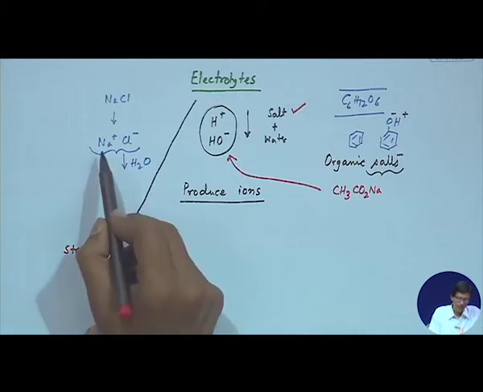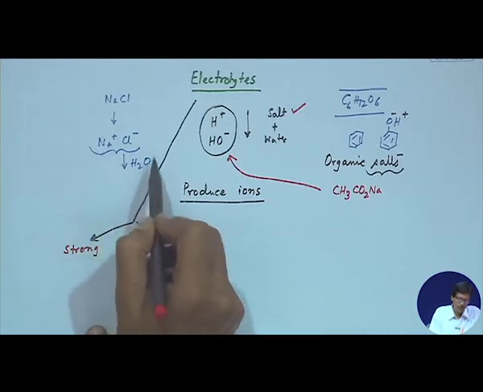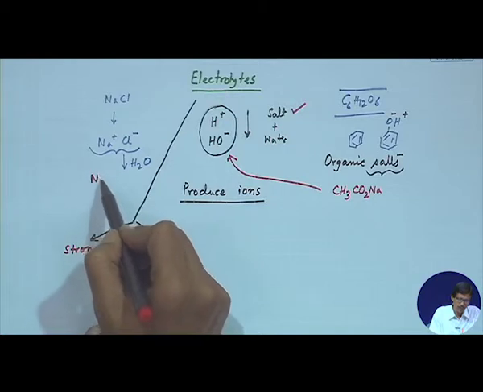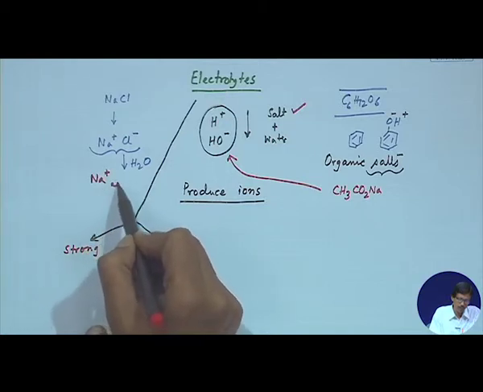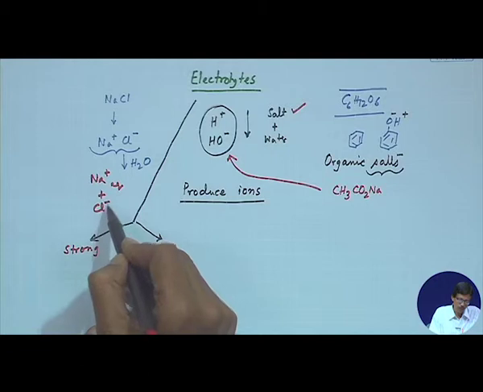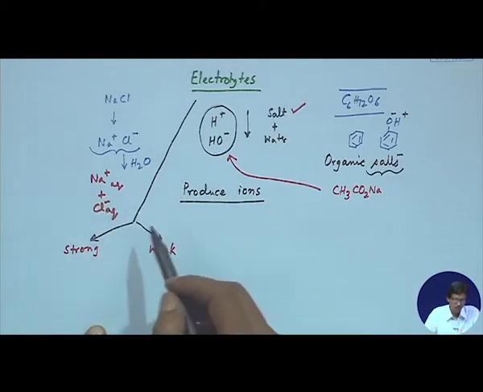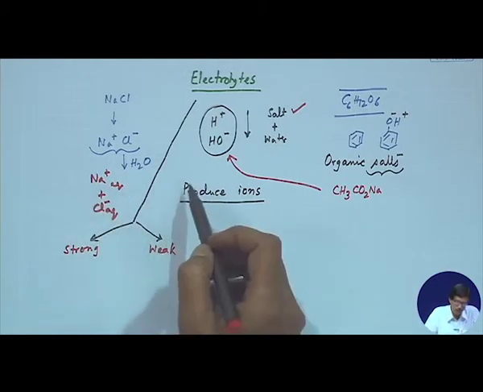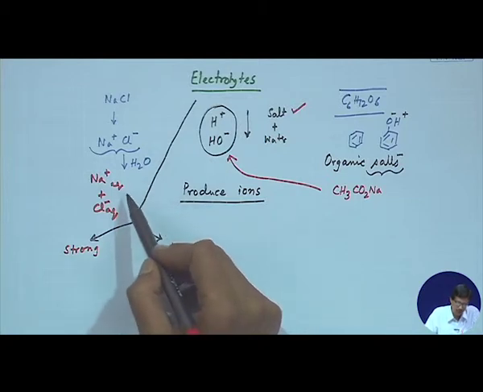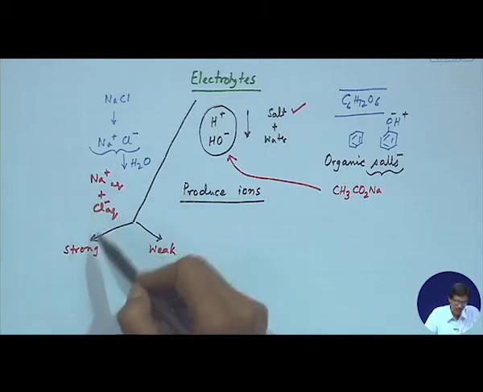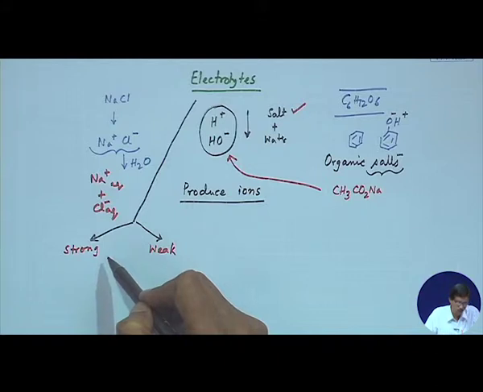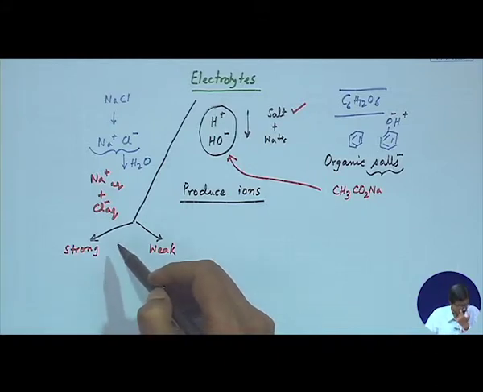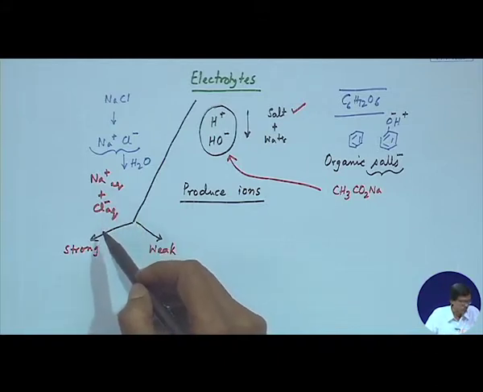When we put water, there is complete dissociation into Na plus aqueous and Cl minus aqueous, going towards the right-hand side almost 100%. So this ionization is definitely a strong electrolyte, giving Na plus and Cl minus.